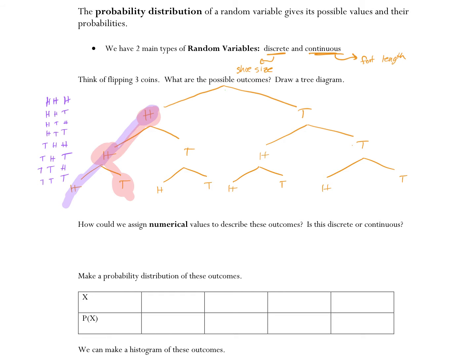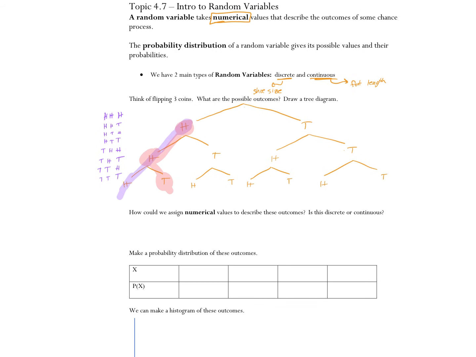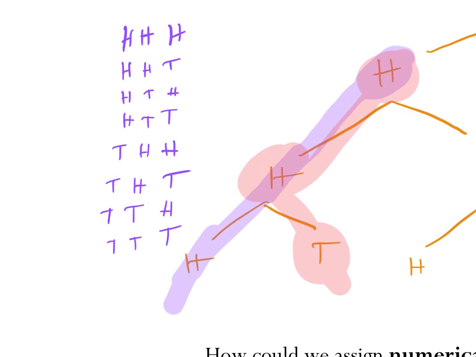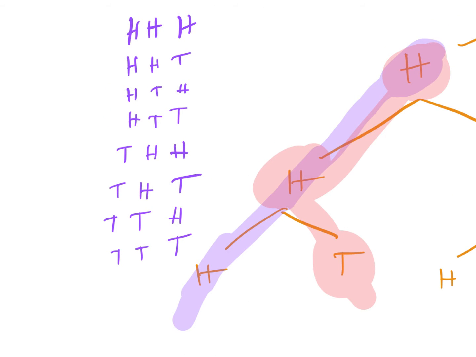Okay. Now, we just said random variables take on a numerical value. Do any of these have a numerical value right now? Looking at these, no. Could we create one to summarize these? Yeah. What do you want to call it?